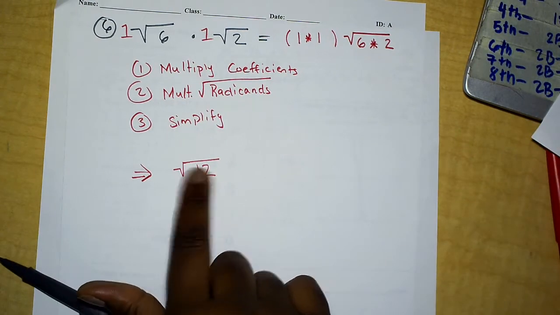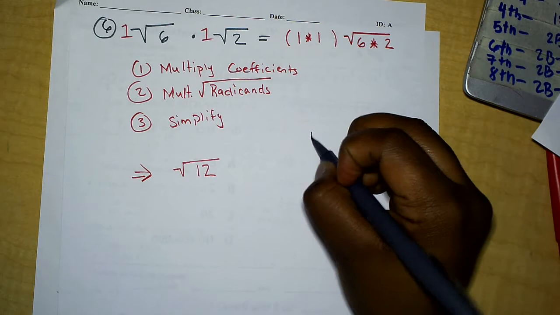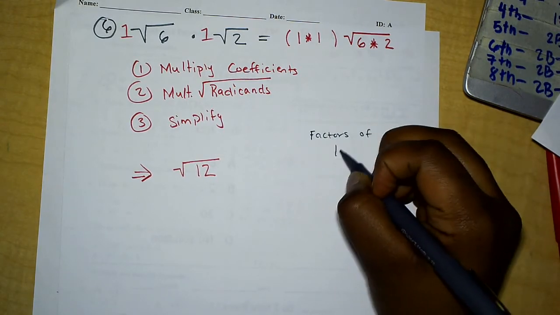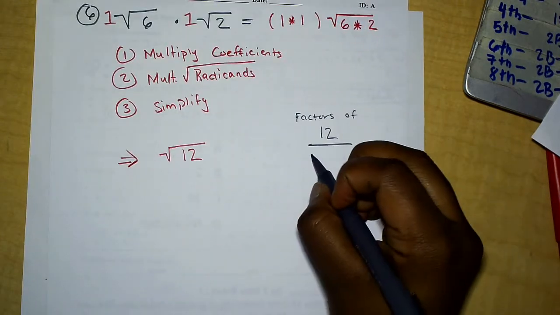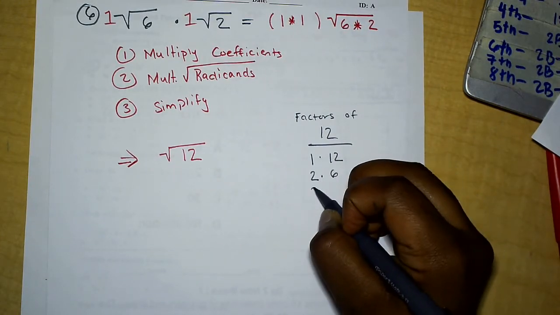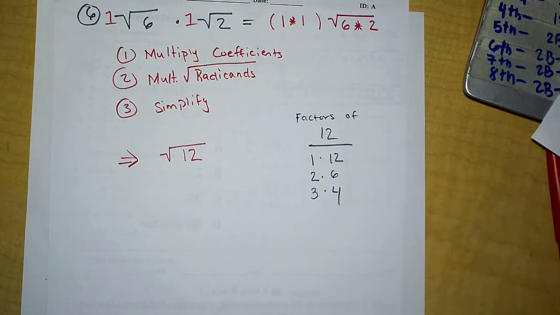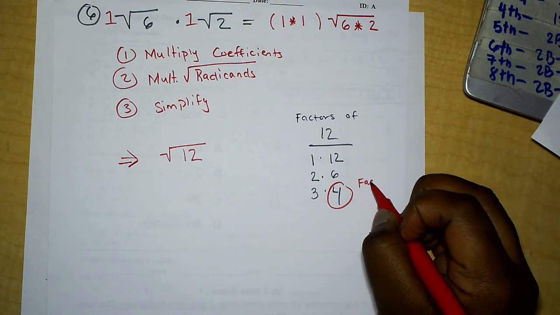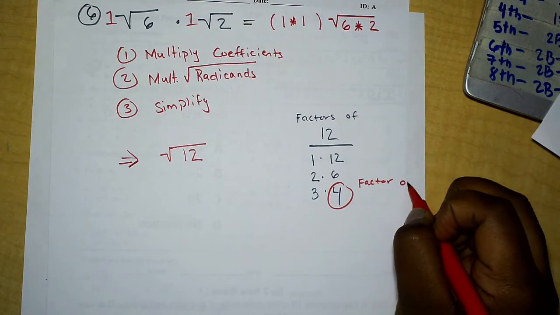So now when we simplify, first I need to find my factors of 12, which are 1 times 12, 2 times 6, and 3 times 4. But we only want to take out a perfect square.